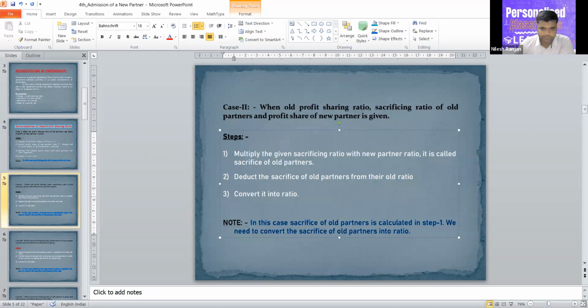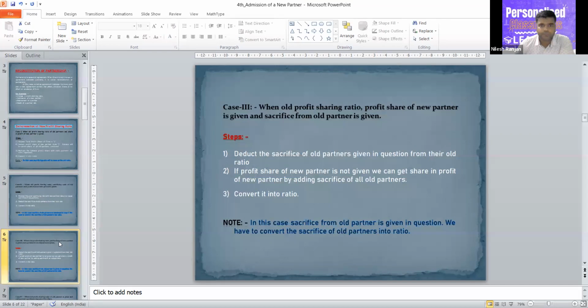Now the case 3. When the old profit sharing ratio, the profit share of the new partner and the sacrifice from old partners are given. Now in this situation, the sacrificing ratio is not given, the sacrifice is given. I told you the difference between these two.